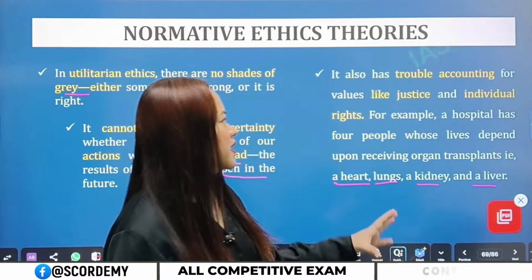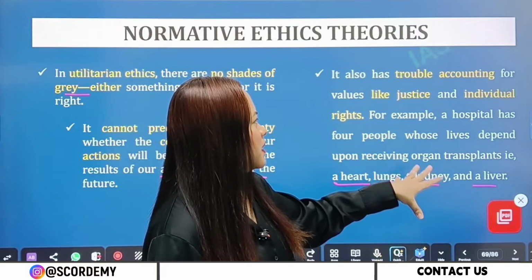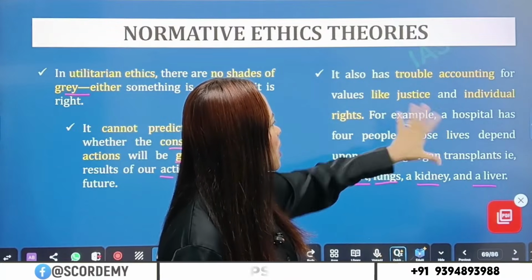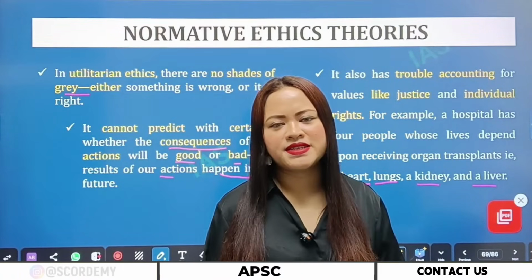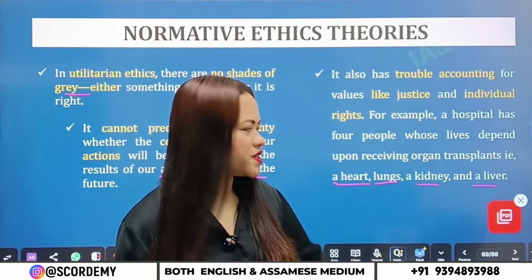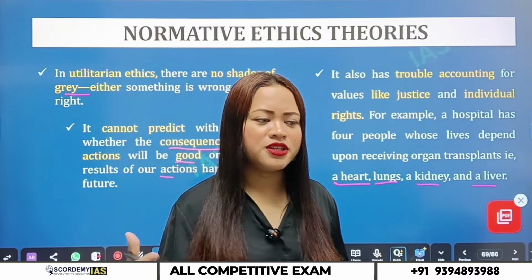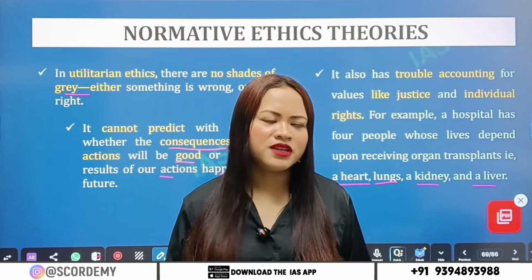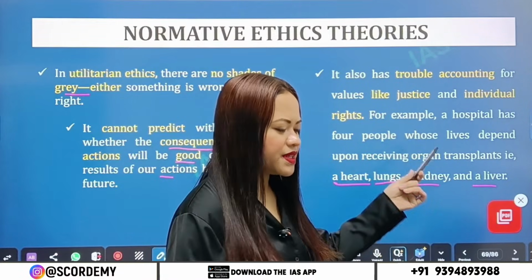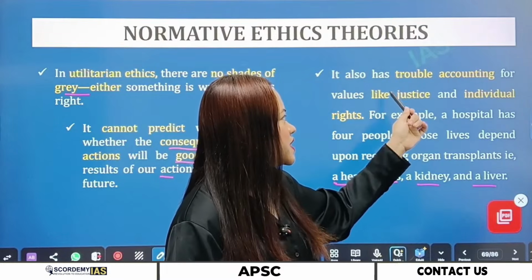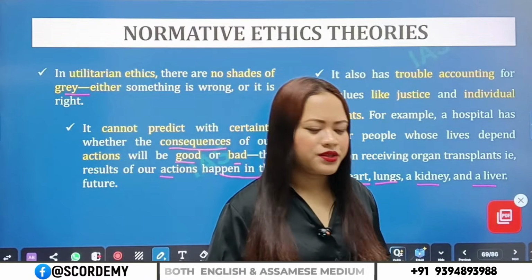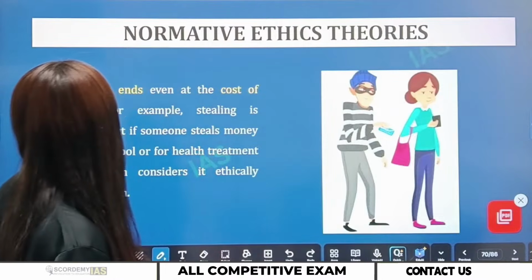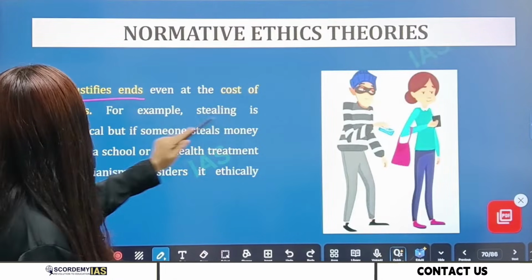So that means it is not accounting for values like justice and individual rights. That person has an individual right to live. You cannot just kill anyone randomly. That person has a right to live, but utilitarian theory does not account for individual rights. It justifies the ends even at the cost of means.